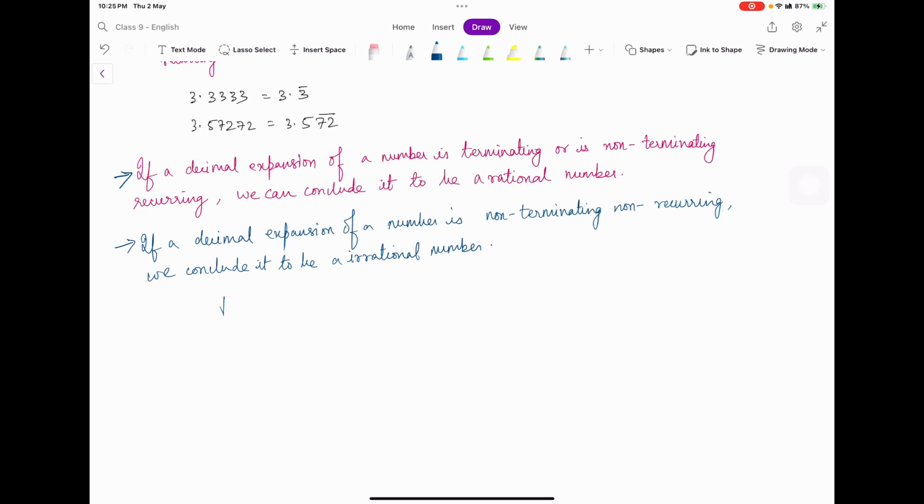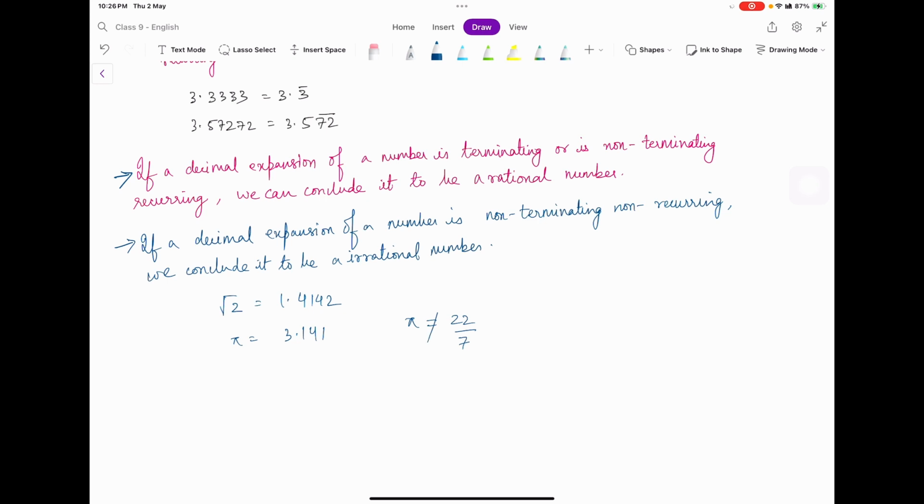Some examples we can give. That is root 2, by a method I will show you in some other chapter. This is 1.4142. See, this is not recurring and it will never recur. Pi also, likewise, 3.141. Sometimes in geometry you have seen we write pi as 22 by 7. It is actually wrong.